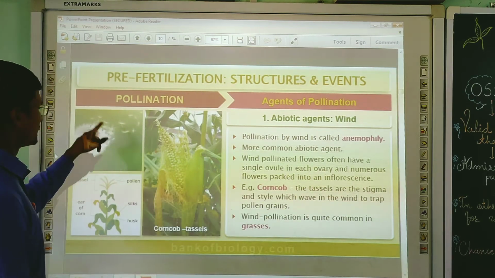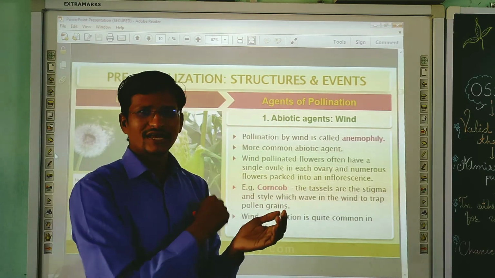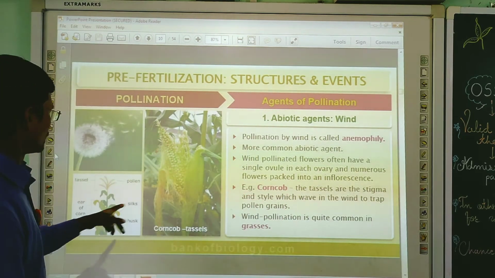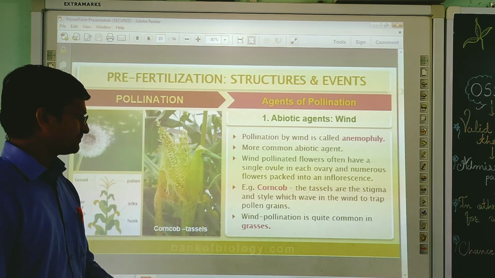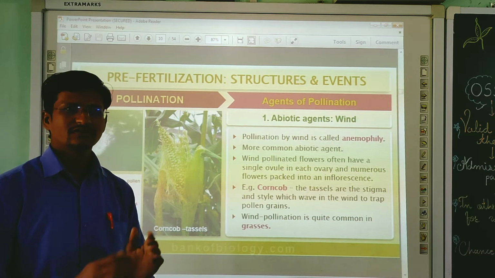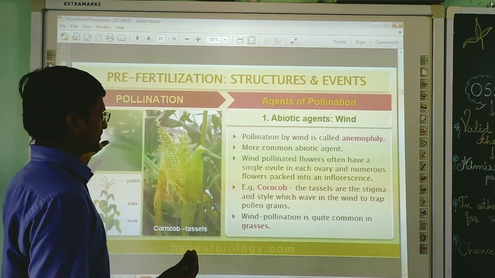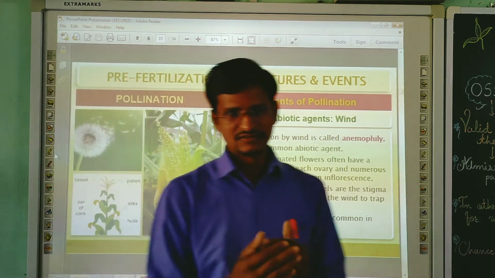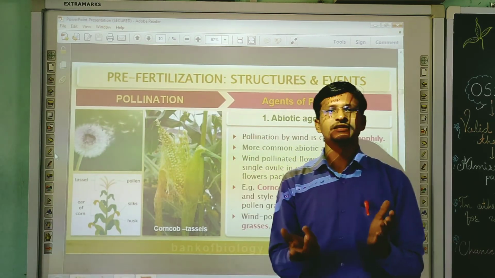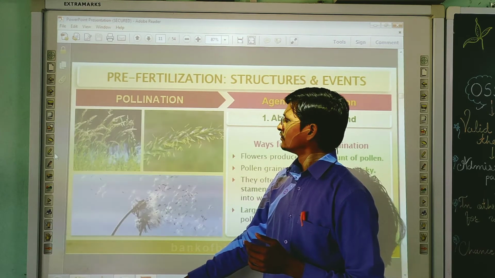You can see, sometimes we play with this also. Wind pollination is quite common in grasses. Generally, this type of corn cob tassel is pollinated from one place to another by the wind.